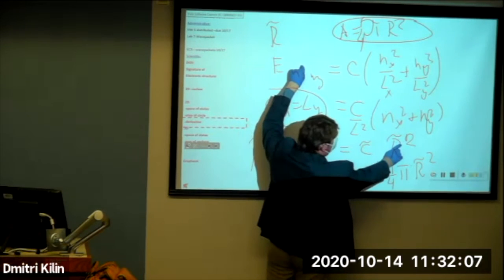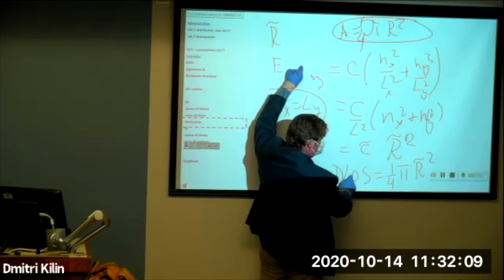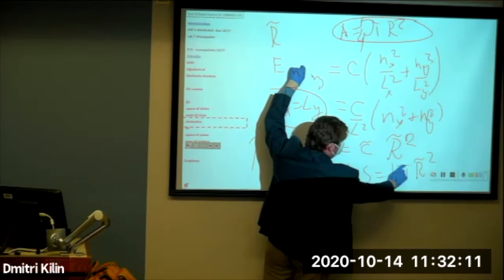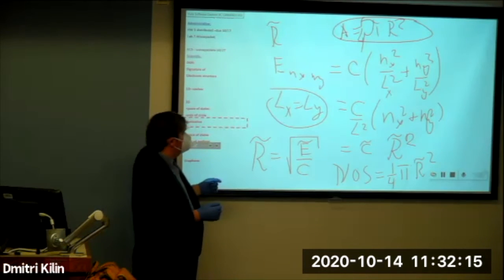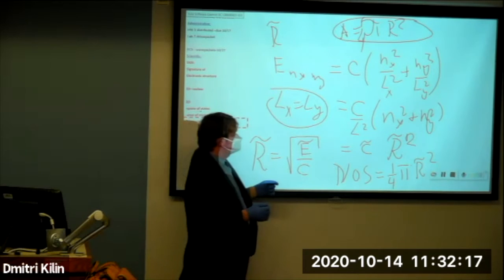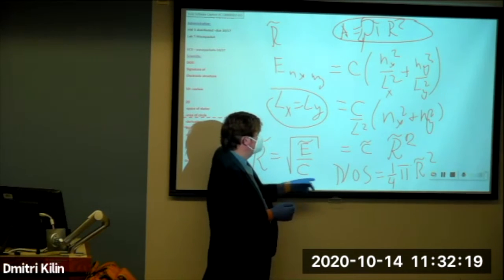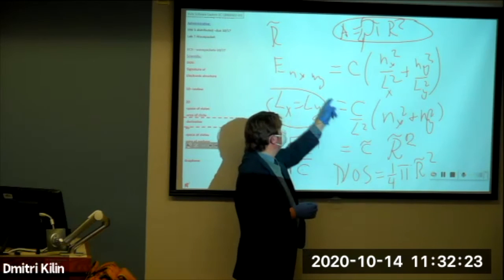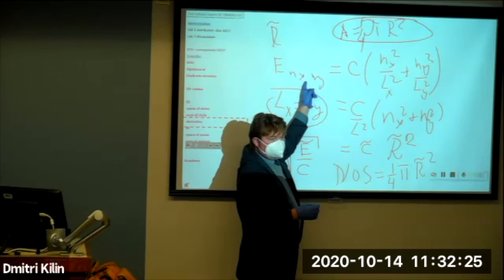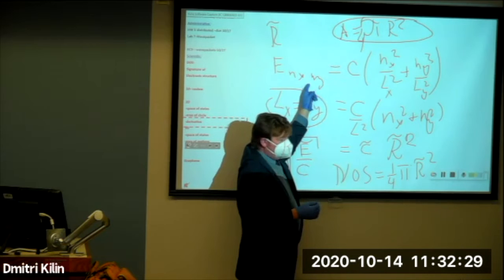This one equals r squared with constants. This one equals r squared with constants. This means that the number of states and energy are equal with precision up to a constant.